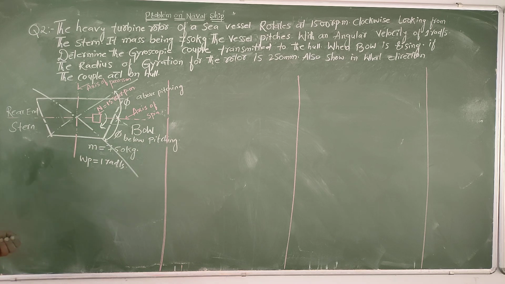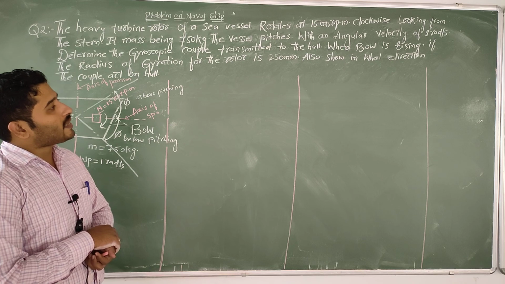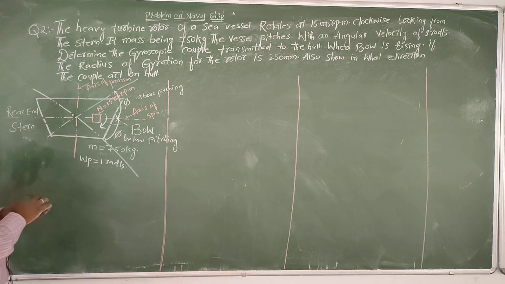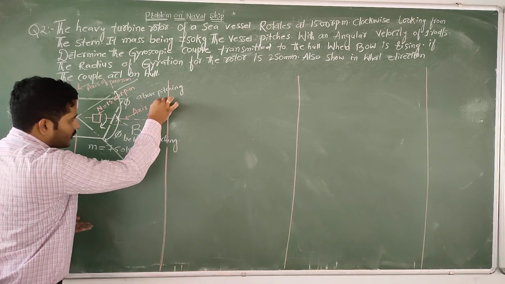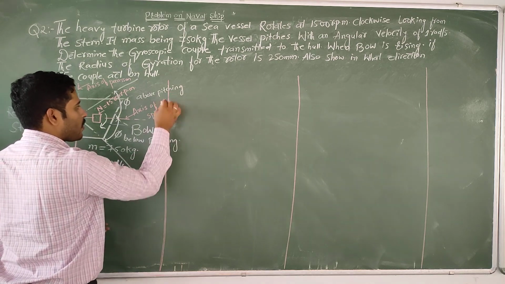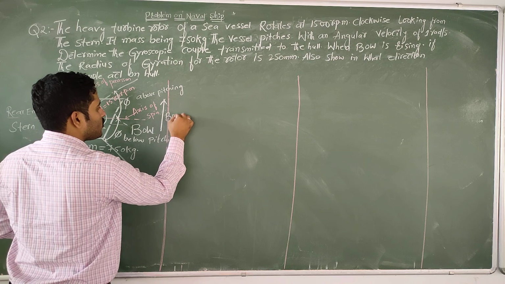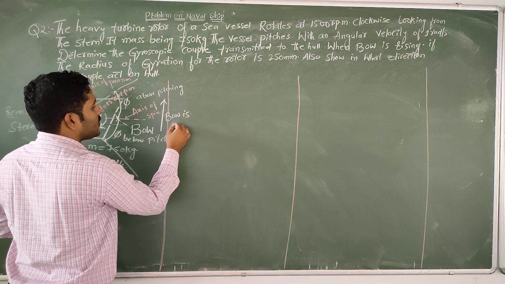Determine the gyroscopic couple transmitted to the hull. So in this case, we need to find out the gyroscopic couple, the value of C on the hull. When the bow is rising, the front bow is rising.